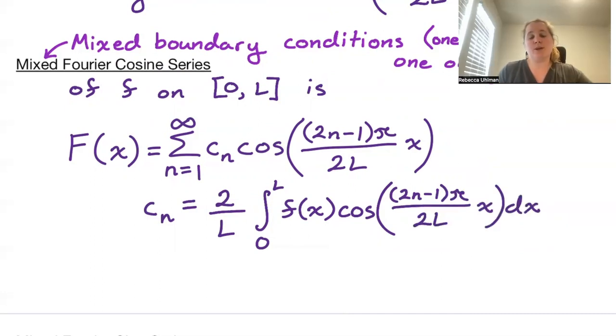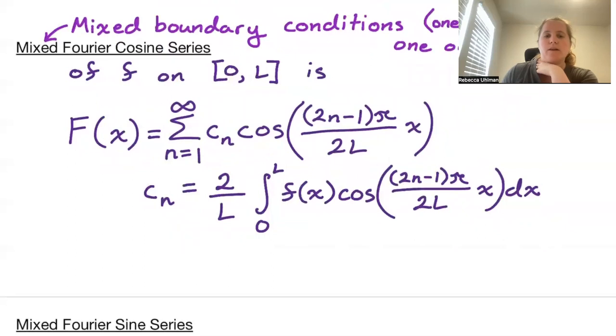So again, this looks basically the same as our cosine series. It's just that we have changed the thing multiplying x within our cosine function. It turns out that this converges to f, except at the discontinuities and boundary.